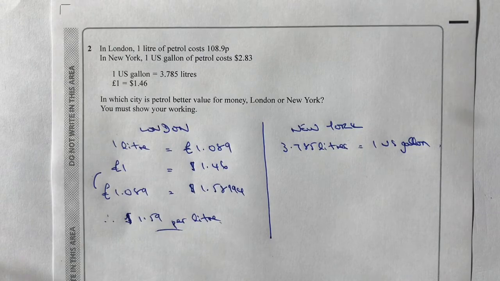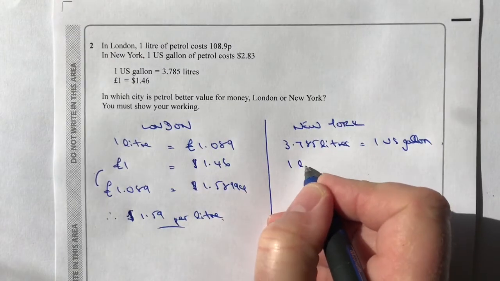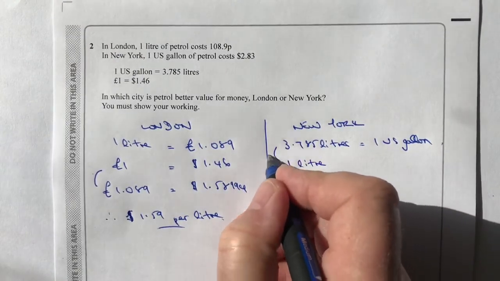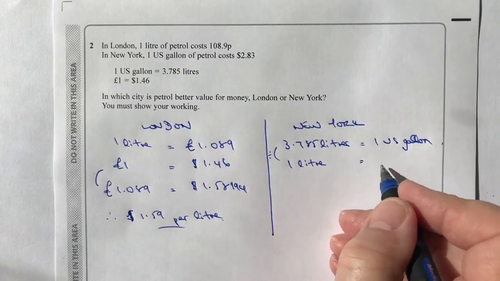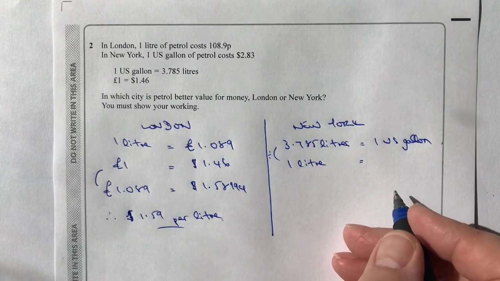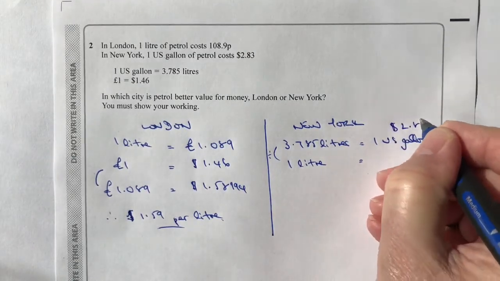Okay, therefore it means that if I want to work out the value of 1 litre, what I'm going to divide by is 3.785. Okay, so I'm going to divide that through, and that's going to give me 1 US gallon rather than $2.83.